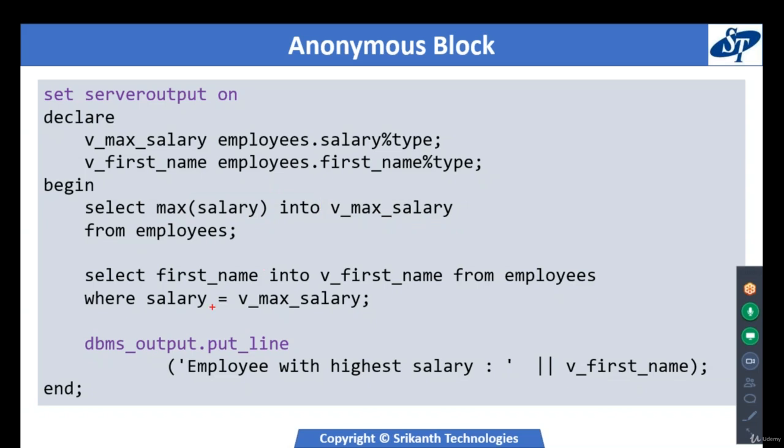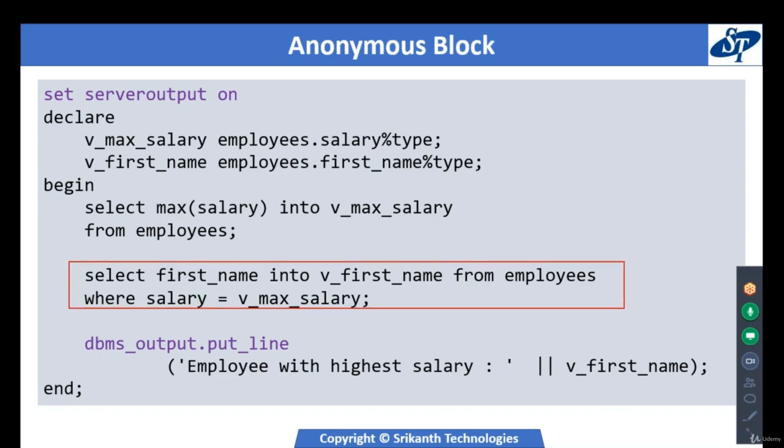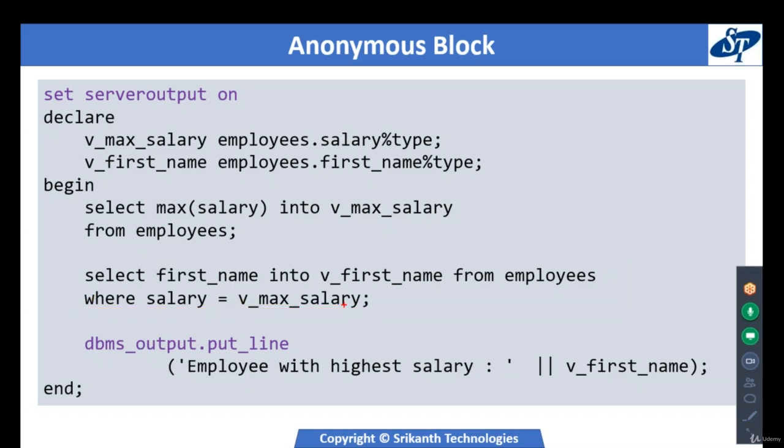The next step is finding out the name of the employee who is drawing that maximum salary. So where salary is equal to V max salary. But there is one limitation. This does not succeed if you have more than one employee drawing the same maximum salary.